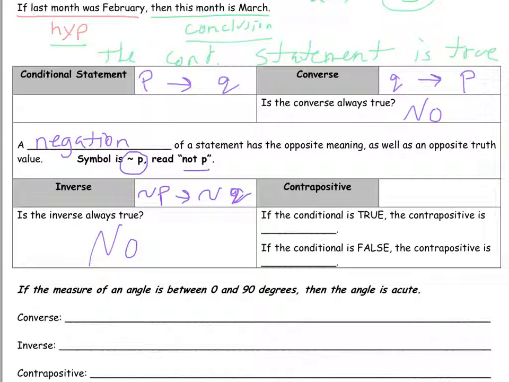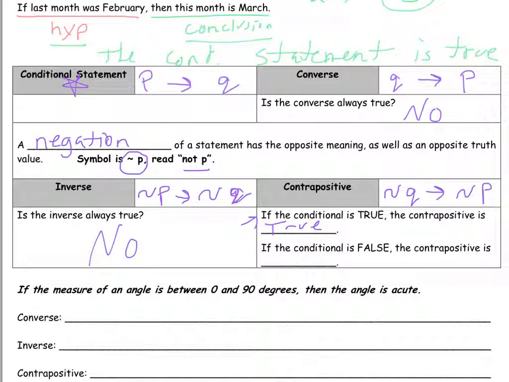And the contrapositive is where we start with the original statement's conclusion. We would say not Q and not P. And this is important here. If the conditional statement is true, the contrapositive is true. That means if this original statement was true, then our contrapositive is also going to be true.